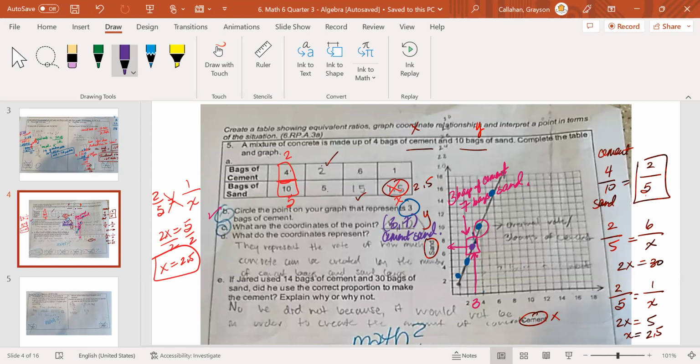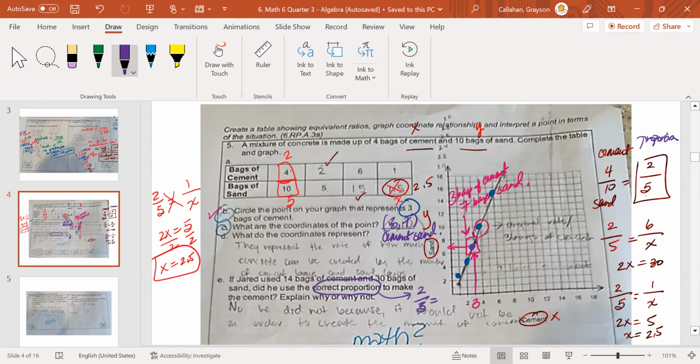D, what do the coordinates represent? They represent the rate of how much concrete can be created by the number of bags. That's good. If Jared used 14 bags of cement and 30 bags of sand, did he use the correct proportion? The correct proportion that we did, again, this is the proportion. 2/5, right?